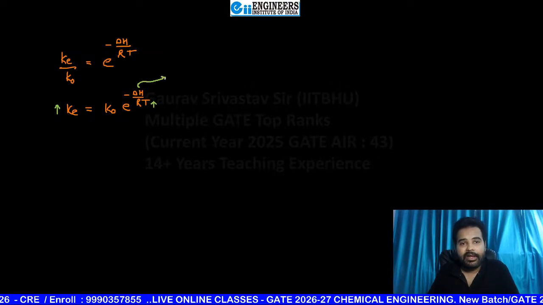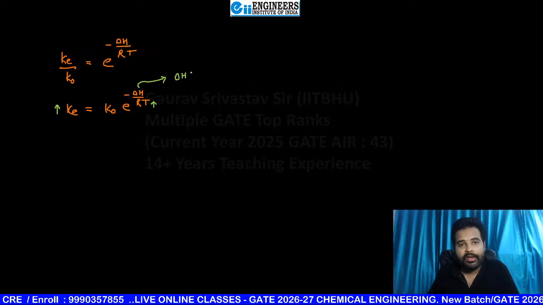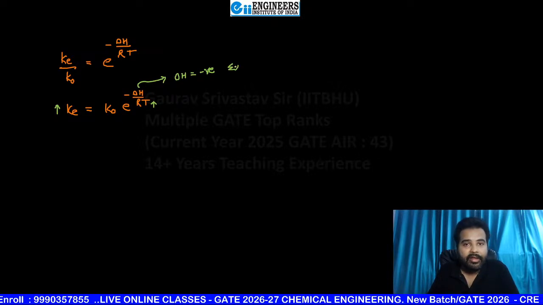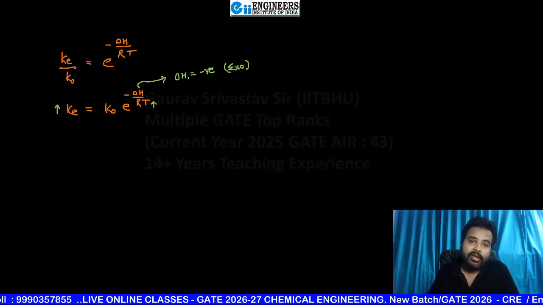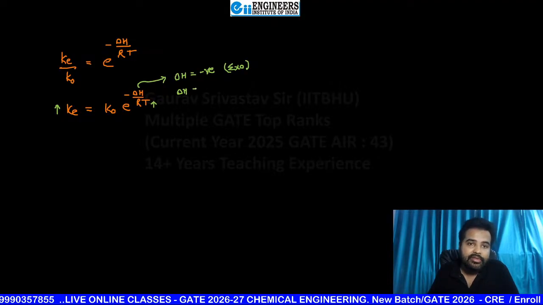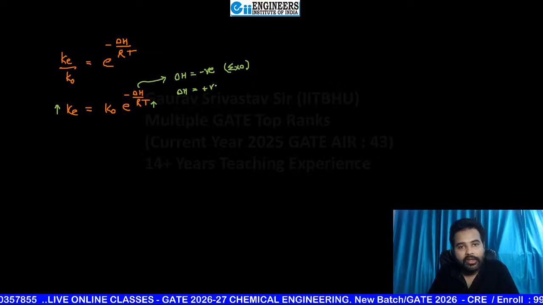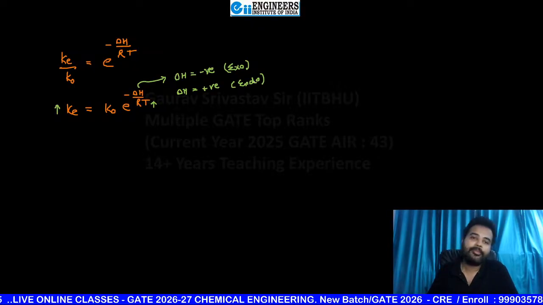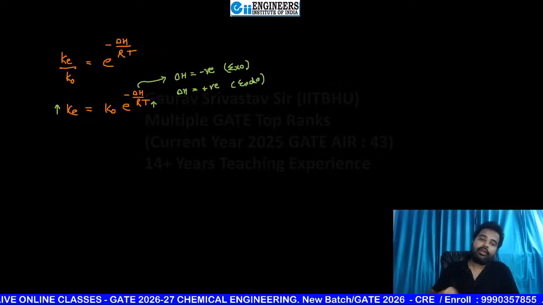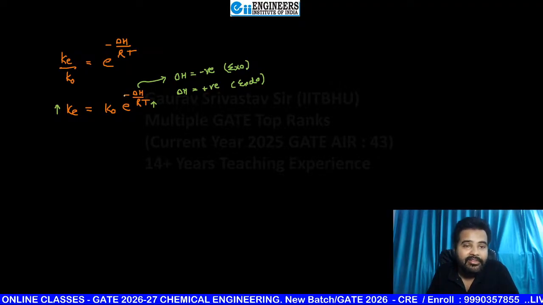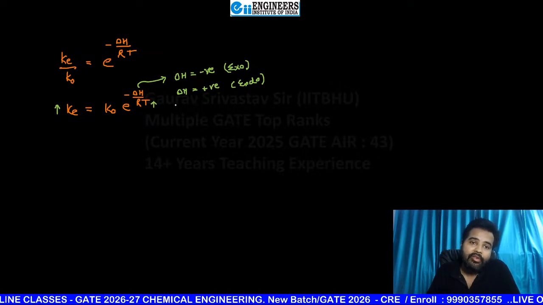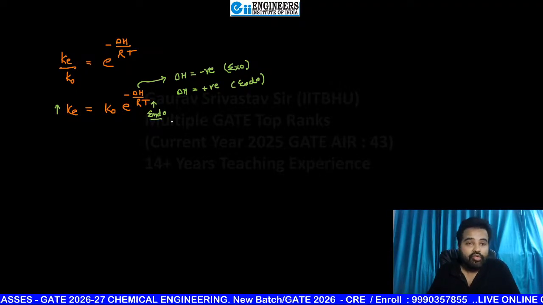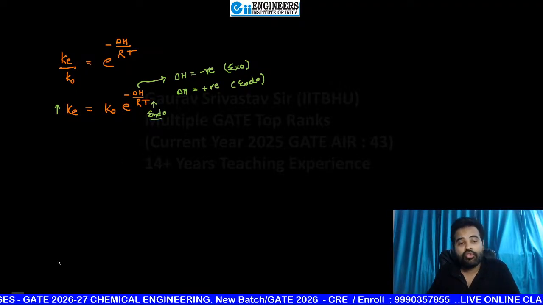See, this delta H is negative when the reaction is exothermic, and the same delta H is positive if the reaction is endothermic. So clearly this minus sign will sustain here only in the case of endothermic reactions. So one beautiful conclusion you got.